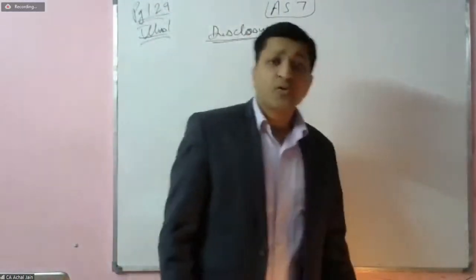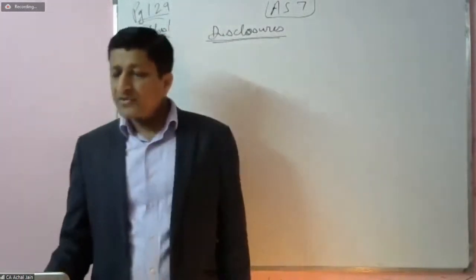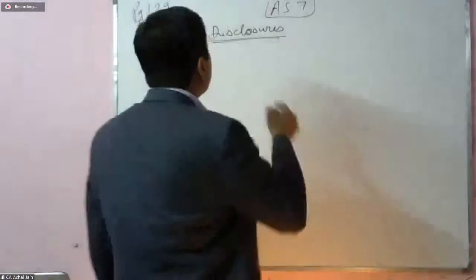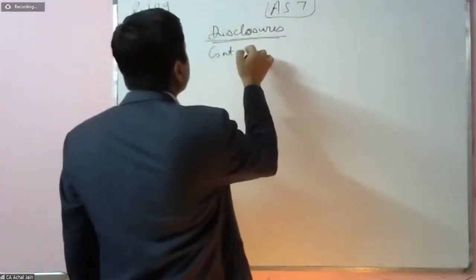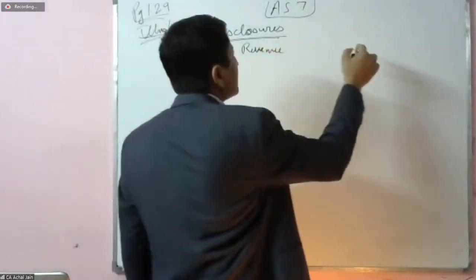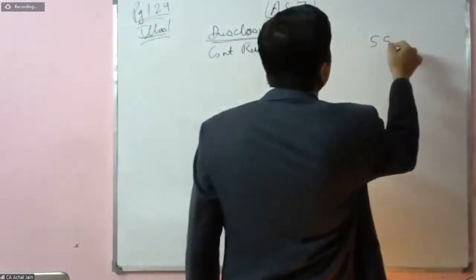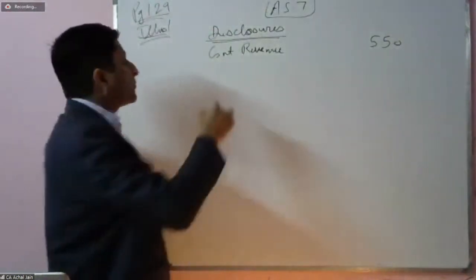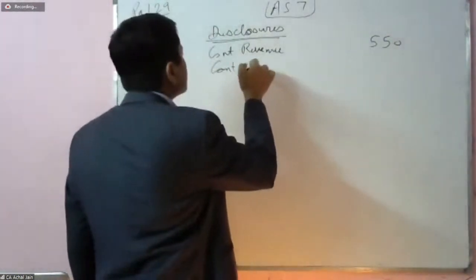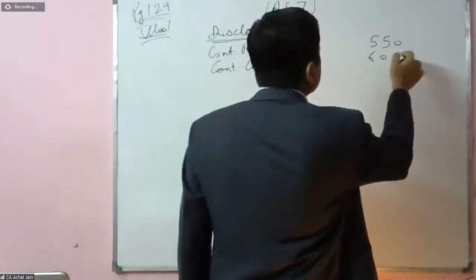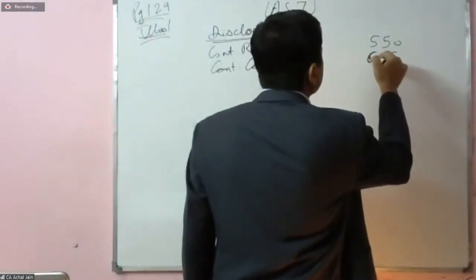So what are the disclosures as per AS7 which are required to be given? First will be the contract revenue, that is 550. Next will be the contract cost, which is 605.